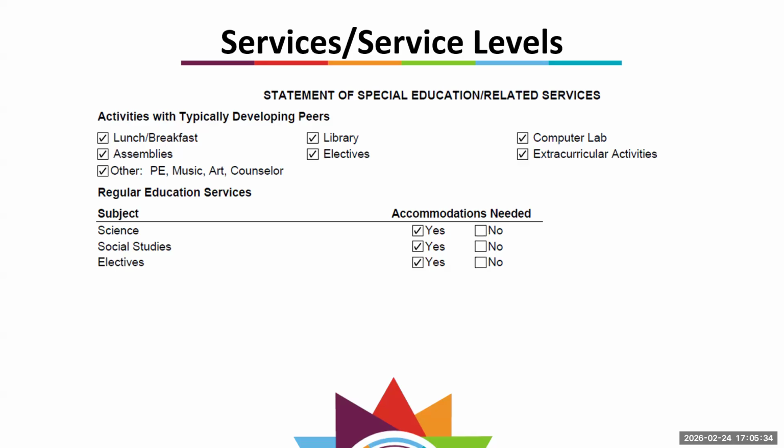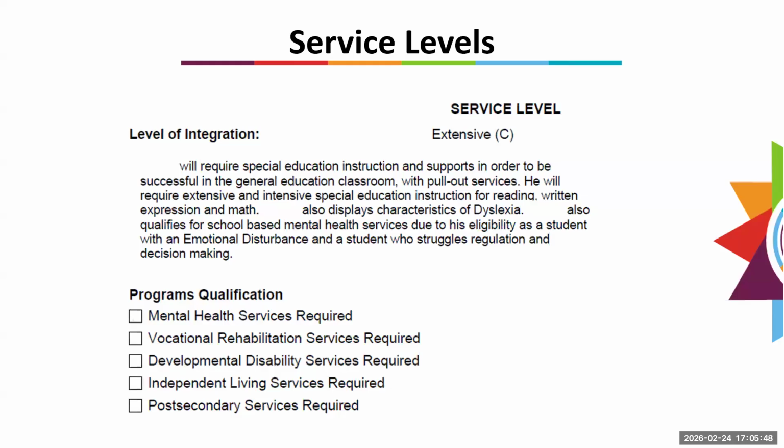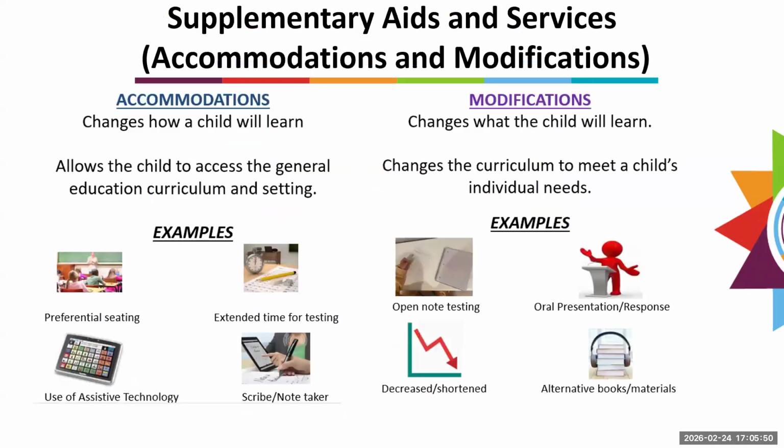And this is an example of what services and service levels look like. This is an example of the service and service minutes and the service levels. So supplementary aids and services.